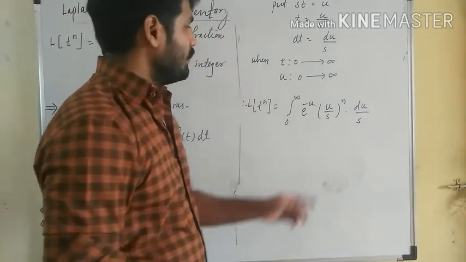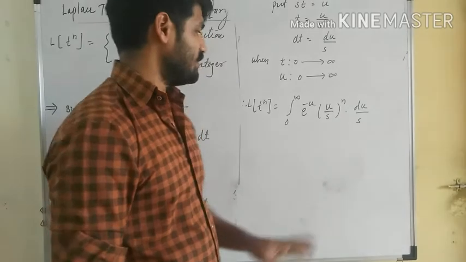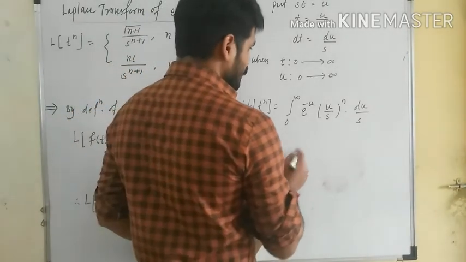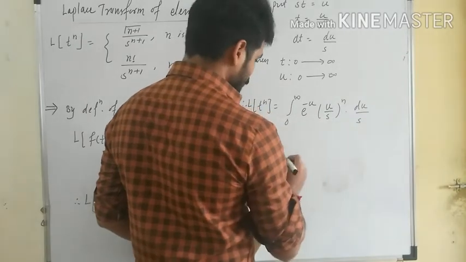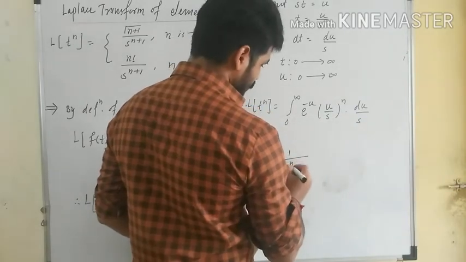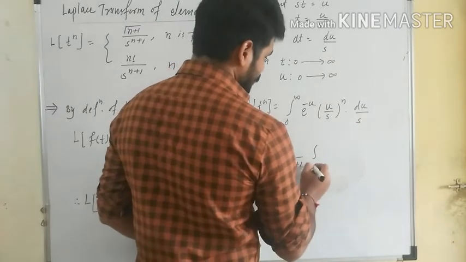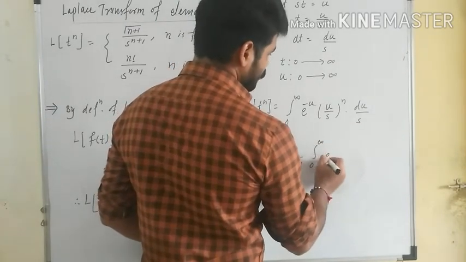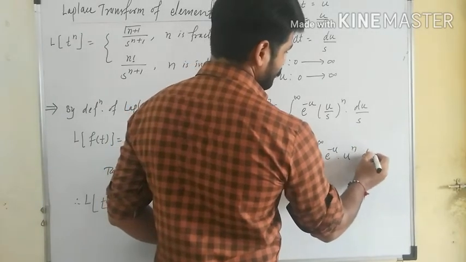Now here we have to take integration with respect to u. So s is constant, so taking s outside. So here 1 upon s raised to n and here 1 upon s. So totally you get 1 upon s raised to n plus 1. Now what remains under the integral sign is e raised to minus u, u raised to n, and du.